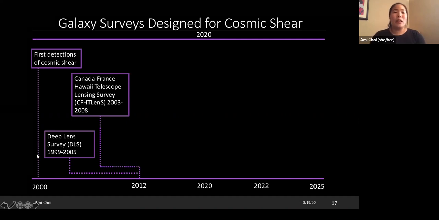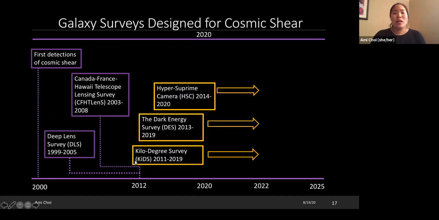And then there are a couple of ground-based surveys, the Deep Lens Survey and the Canada-France-Hawaii Telescope Lensing Survey, CFHTLenS, which took place in the early to mid 2000s. And now we're in this period where two of these surveys, the Dark Energy Survey and the Kilodegree Survey, have finished or completed all of their observations, and we're still working on processing and analyzing the data.